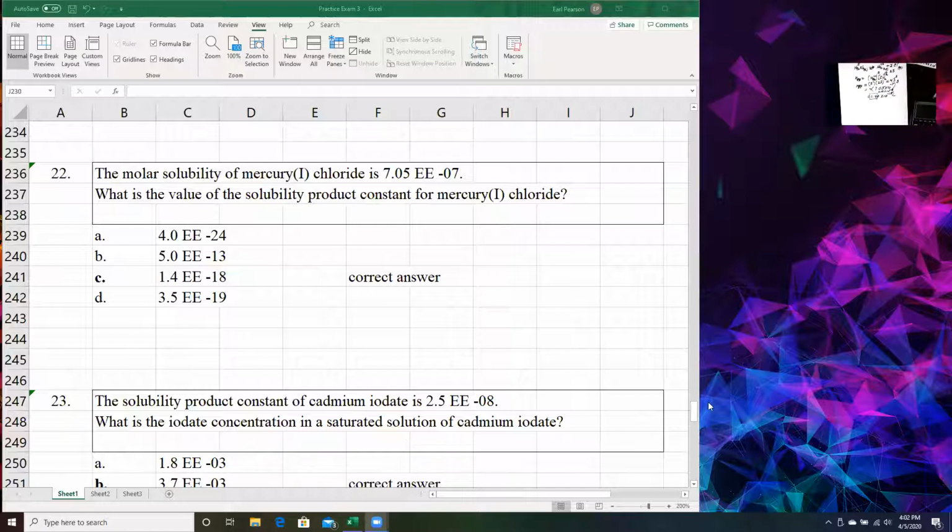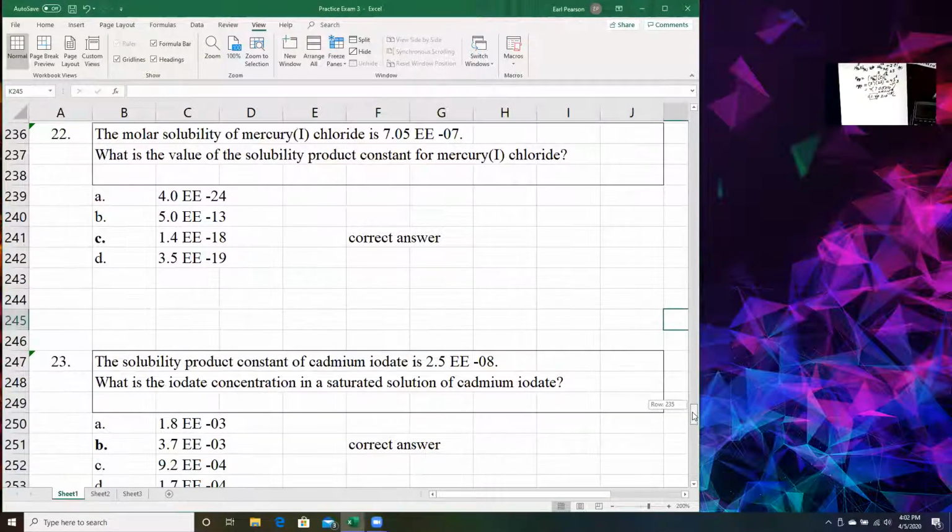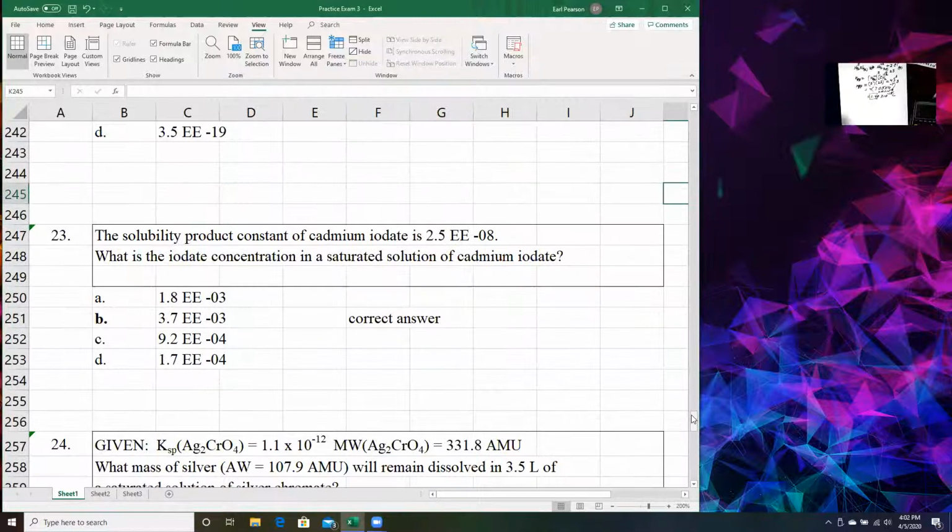All right, so let's go to the next one and see what this has to do with here. Number 23. Solubility product constant of cadmium iodate is 2.5 times 10 to the negative 8. What is the iodate concentration in a saturated solution of cadmium iodate? So number 23, cadmium is Cd, iodate is IO3 minus 1.